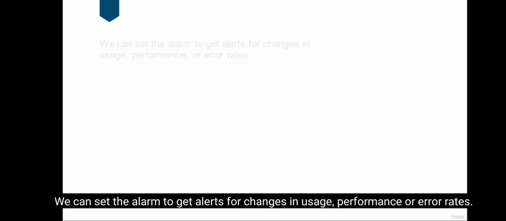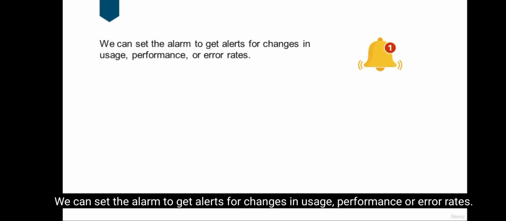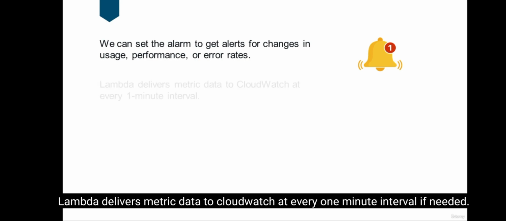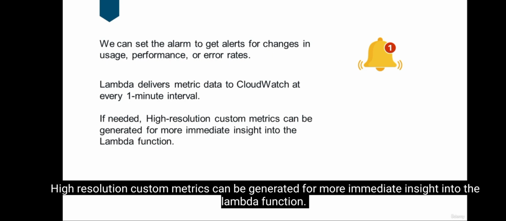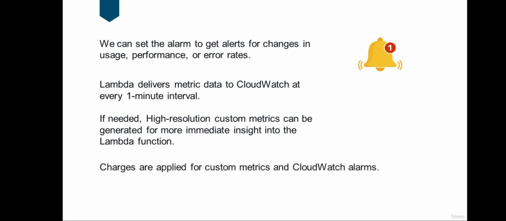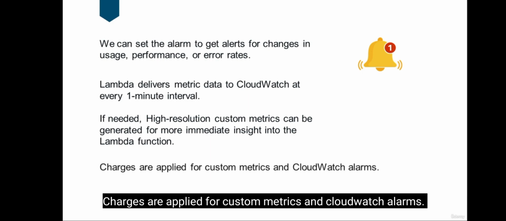We can set alarms to get alerts for changes in usage, performance, or error rates. Lambda delivers metric data to CloudWatch at every 1 minute interval. If needed, high-resolution custom metrics can be generated for more immediate insight into the Lambda function. Charges are applied for custom metrics and CloudWatch alarms.